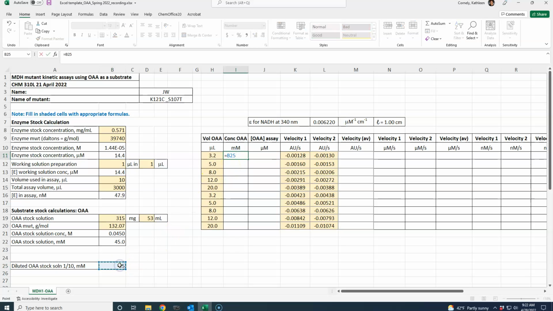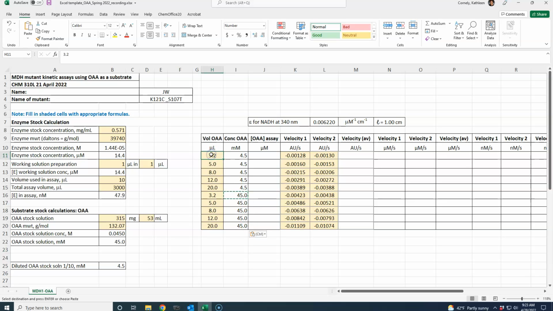So I'm just going to copy that there, but I want to copy this for the rest, so I'm going to use an absolute reference. $B$25, now I can just copy this for the other solutions, and I'm going to do the same thing over here because we use the 45 millimolar solution. And again, if I turn that into an absolute reference, I can just copy this.